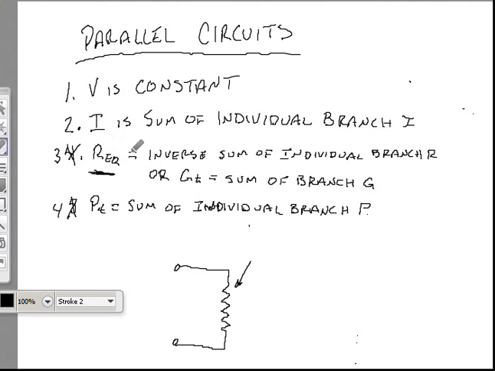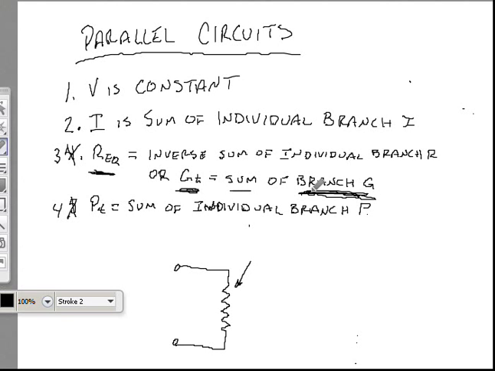So your equivalent resistance is equal to the inverse sum of the individual branch resistances, or the total conductance is equal to the sum of the individual branch conductances.